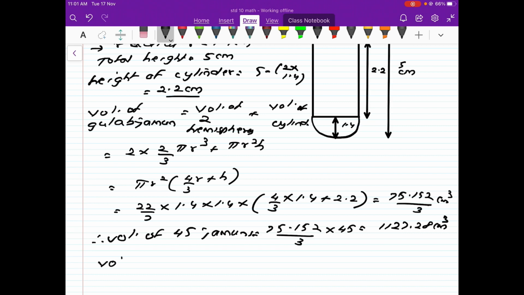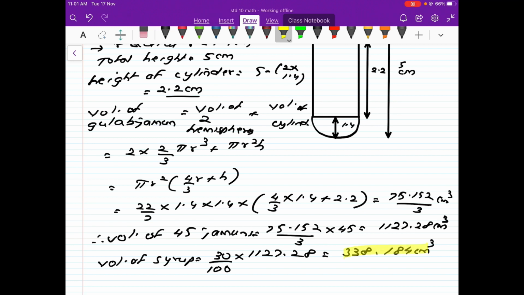So the volume of sugar syrup will be 30% of 1127.28. So this comes to 338.184 centimeter cube. So this is the final volume, how much syrup will be there in 45 gulab jamuns.